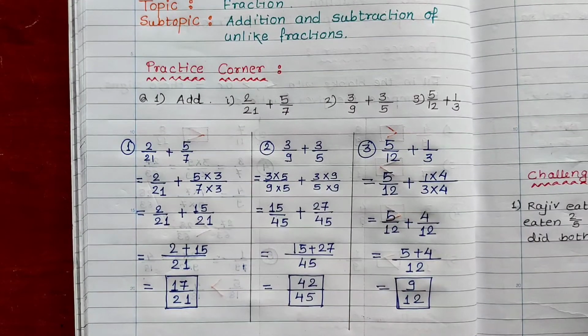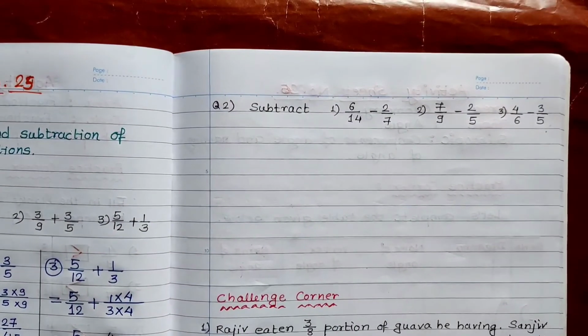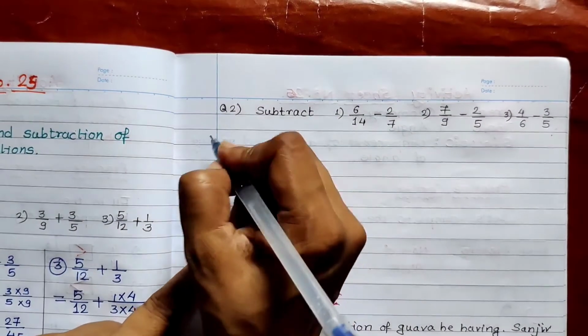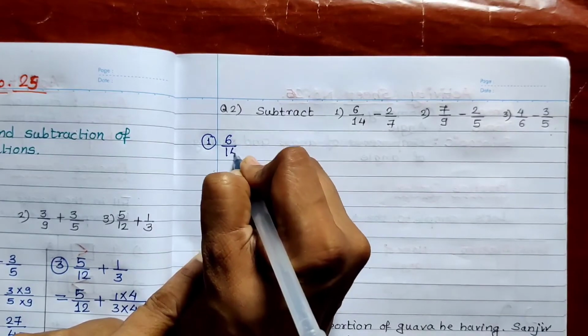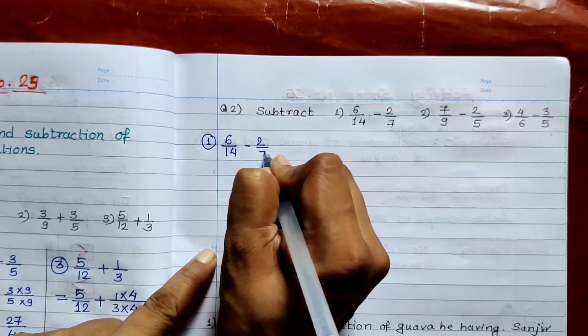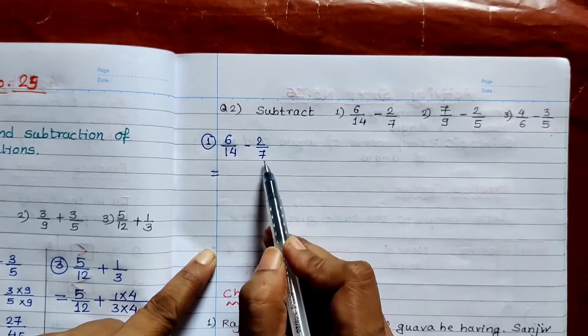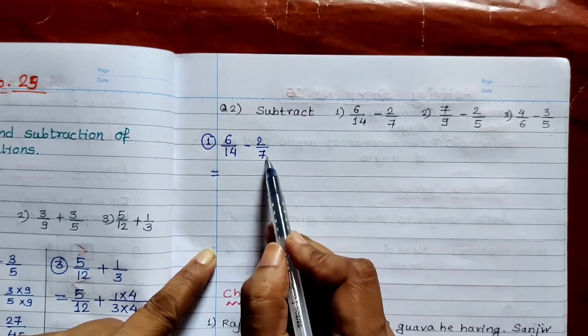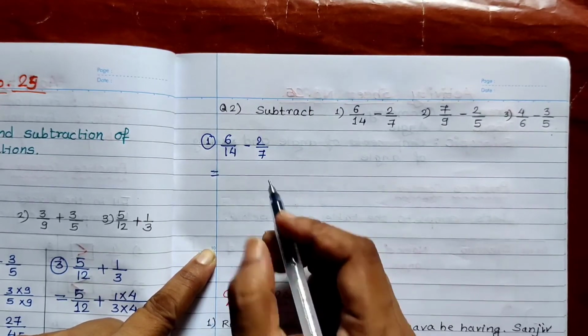In subtraction also we will have to apply the same method. So let us go to the subtraction sums. The first sum in subtraction is 6 upon 14 minus 2 upon 7. Now see, in the second fraction, if you multiply 7 by 2, you will get 14. So we don't need to make any changes in the first fraction.